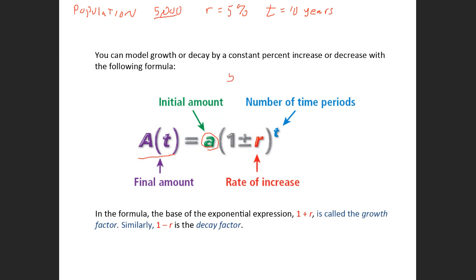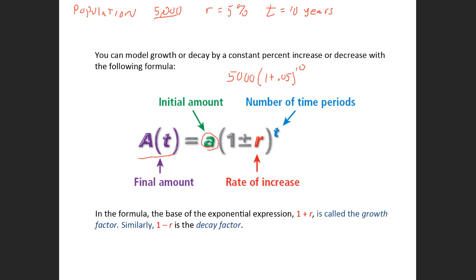So I would just go 5,000, and then 1 plus R, because the population is increasing. I said the population is increasing by 5%, so that's 0.05, to 10 years. Now I just plug this into my calculator, and I have just a real cheap old calculator here.